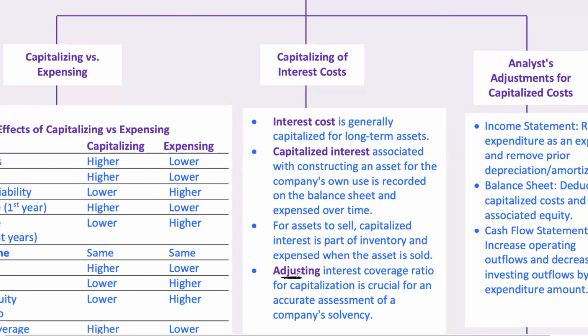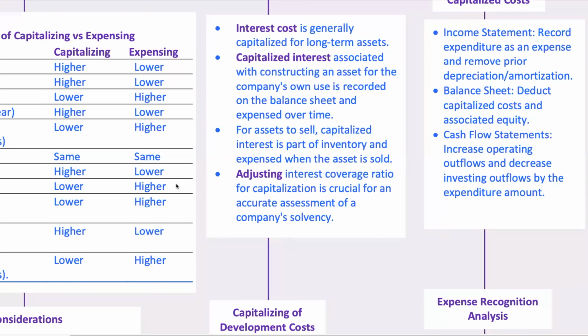When assessing a company's ability to pay its debt, the interest coverage ratio, we need to consider both the capitalized and expensed interest. Adjusting for these can give a more accurate picture of the company's financial health. Remember, adjusting the denominator for capitalized interest usually lowers the interest coverage ratio, which is what credit rating agencies look at.